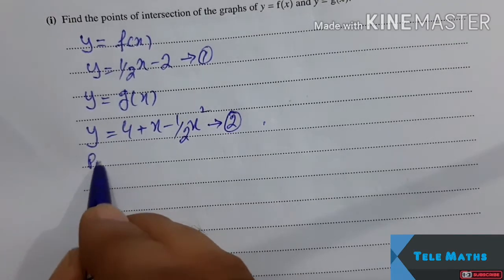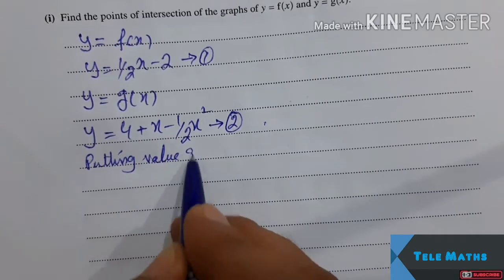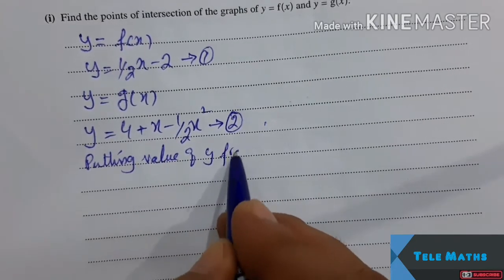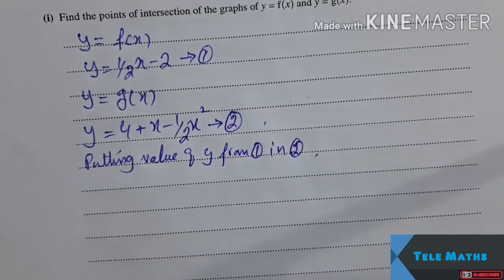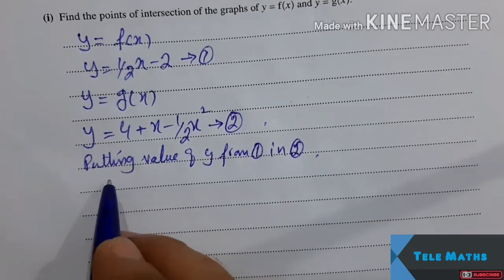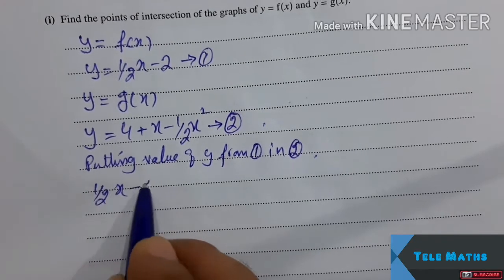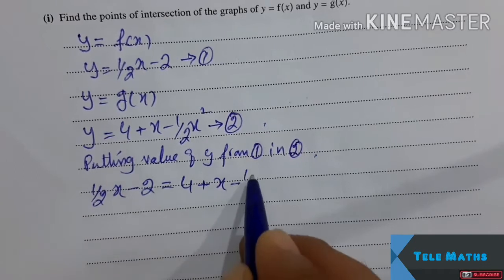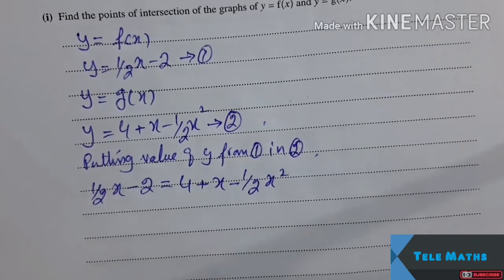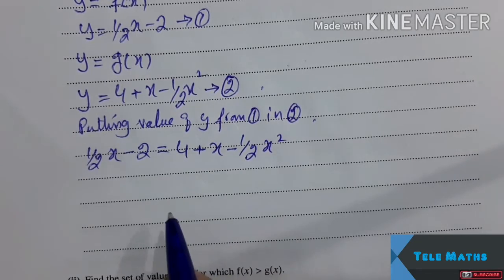So putting value of y from 1 in 2. So this will become 1 by 2 x minus 2 is equal to 4 plus x minus 1 by 2 x square. Now we'll solve them.